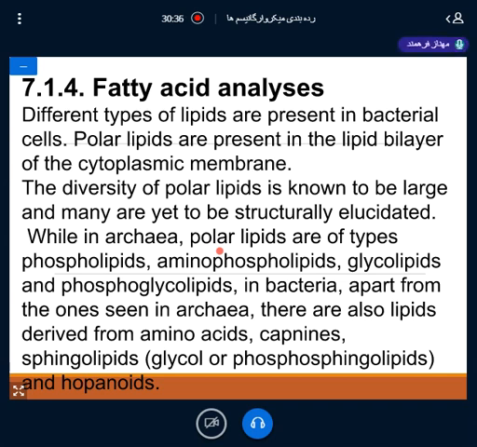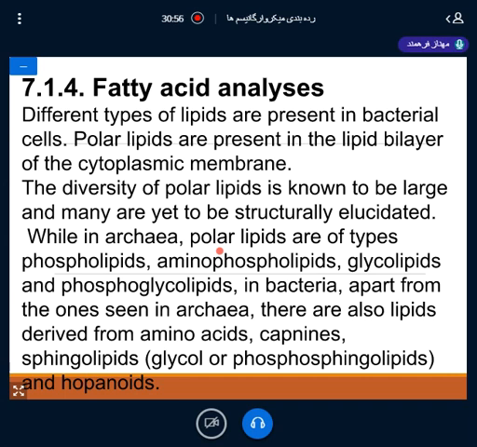So the main structure of the lipid in bacteria are polar lipids. The structure of fatty acid is contained within polar lipids, and the diversity is observed.